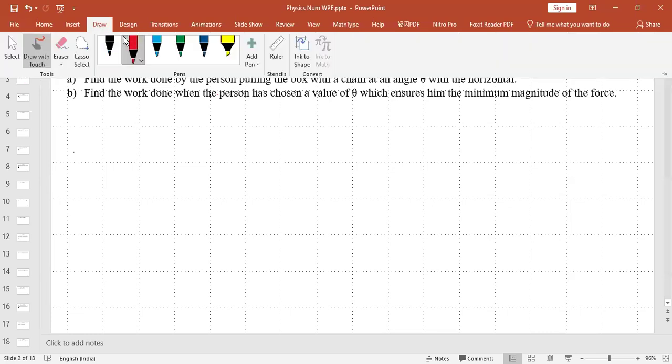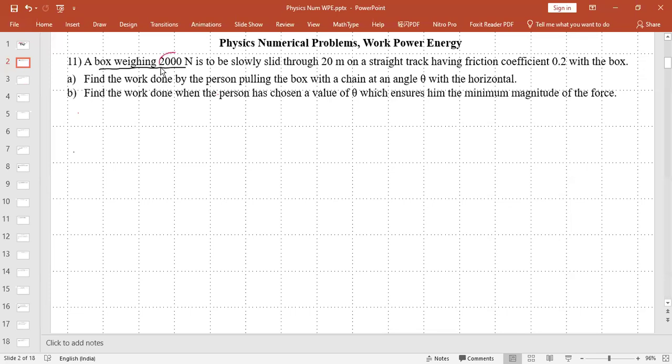So the weight of the box is given. A box weighing 2000 Newton is to be slowly slid through a 20-meter distance on a straight track having friction coefficient 0.2. So the problem is clear.